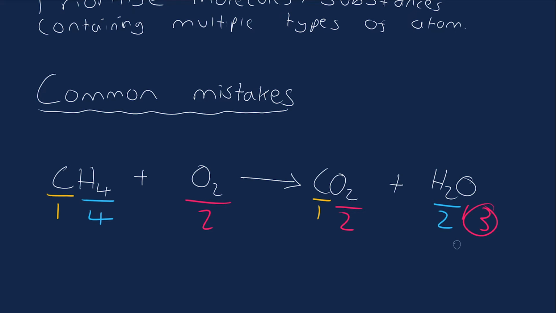So if you wanted to balance this, you might see, well, we have the right amount of carbon already, but we have an imbalance of oxygen and hydrogen. And you might be tempted to think, well, what if I just do something like this? What if you just did this?